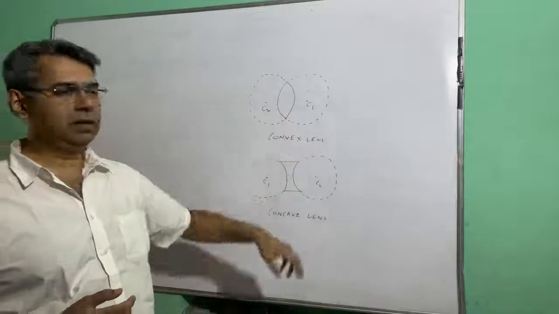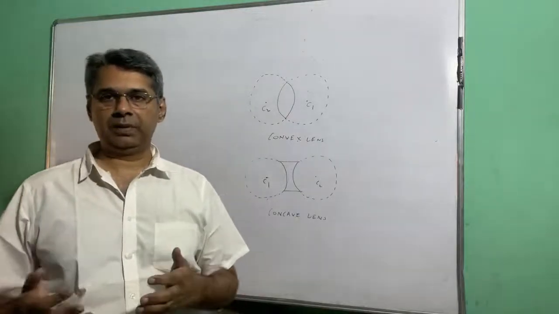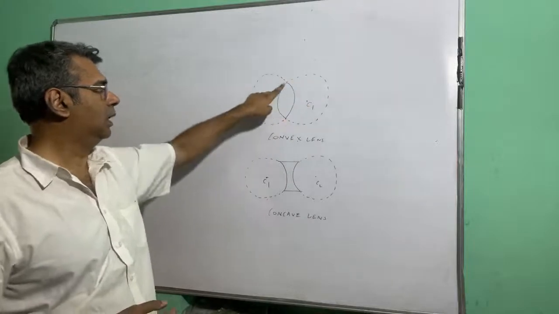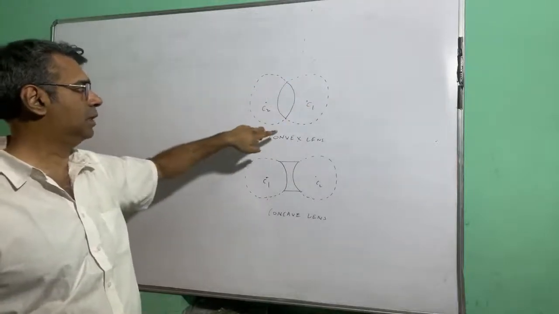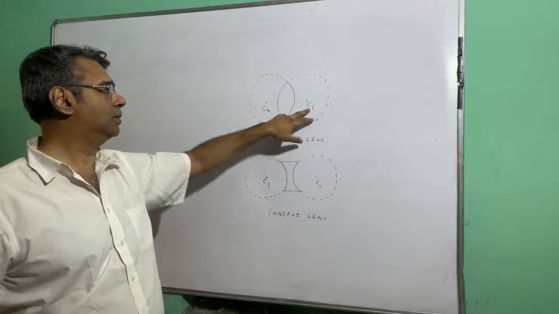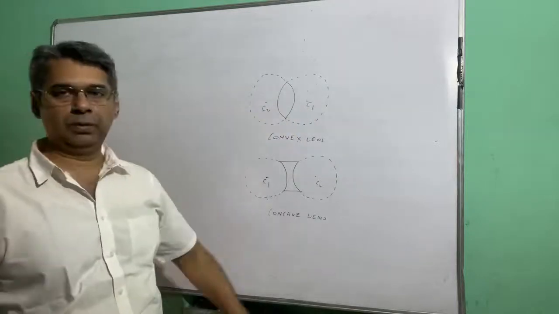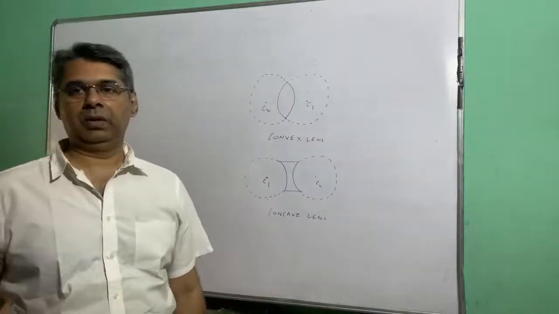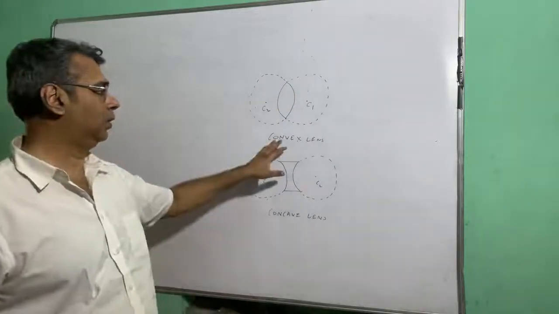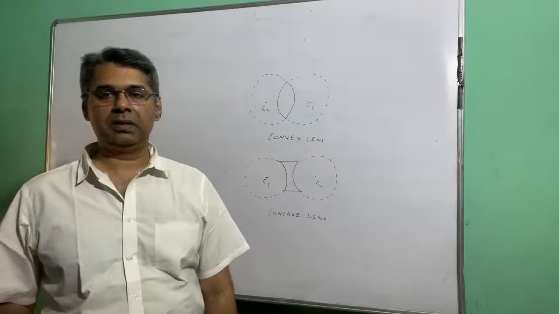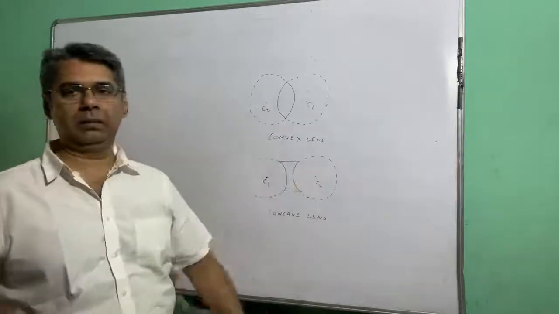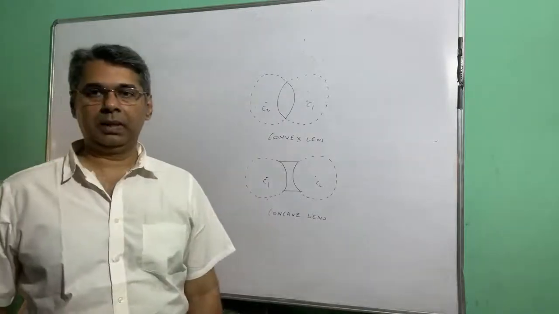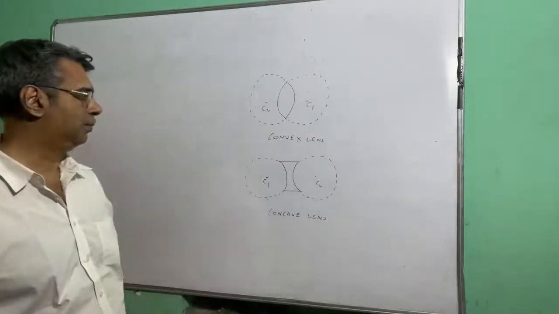Each spherical surface is part of a sphere, like this spherical surface is part of this sphere, and this one is part of this sphere. The center of this sphere is C1, the center of this sphere is C2, and this boundary portion is what we call the lens. A convex lens is defined like this: it is thick in the middle and narrow or tapering at the top and the bottom.